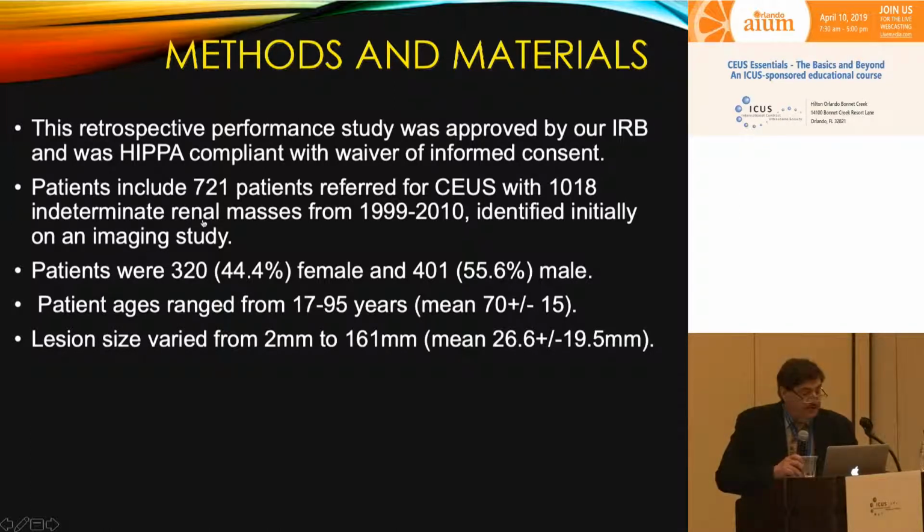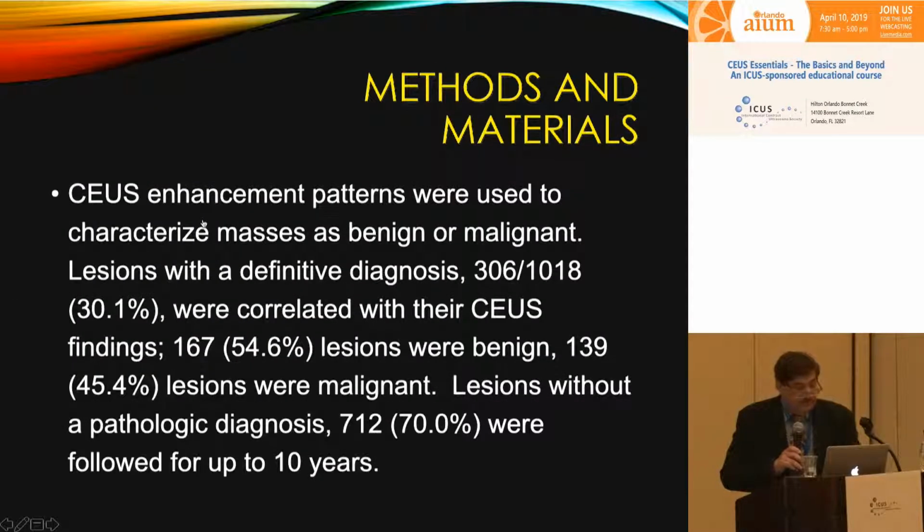We had 721 patients referred for CEUS, with 1,018 indeterminate renal masses, and the study went from 1999 to 2010, identified initially on an imaging study. The patients were 44% female and 56% male, ranging in age from 17 to 95, and lesion size varied from 2 millimeters to 161 millimeters, with an average of a little bit over 2.5 centimeters.